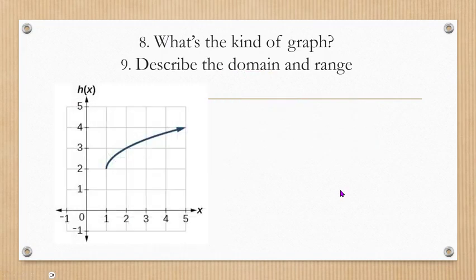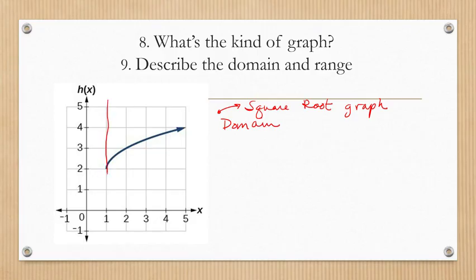Okay, next one. What kind of a graph is this? Look in your function booklet. This is called a square root. Okay, let's look at the domain. The domain means how wide is it? How wide is this going to be? Well, right here, it's going to 1.